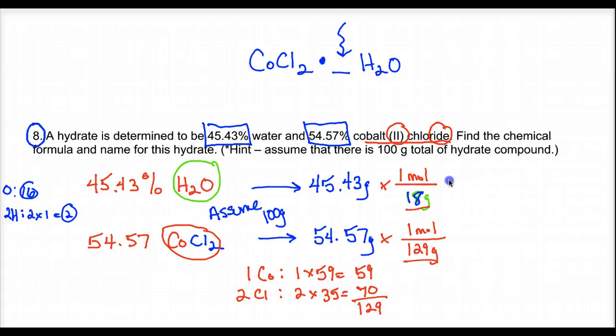Okay, so let's go find those moles with our calculator. 45.43 divided by 18 equals 2.52, and then 54.57 divided by 129 is 0.423.